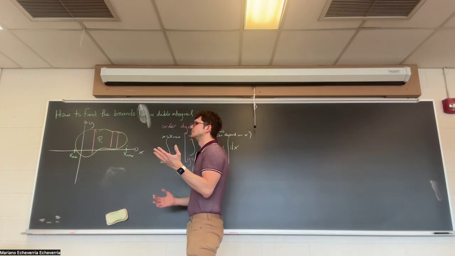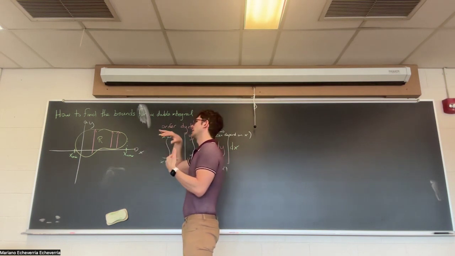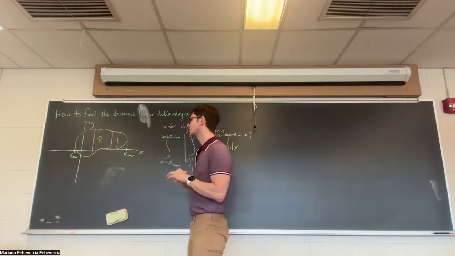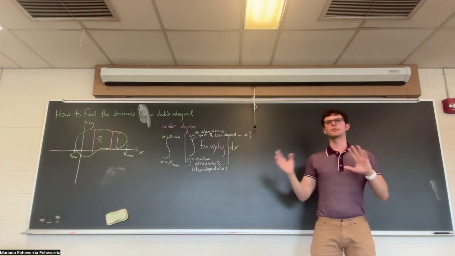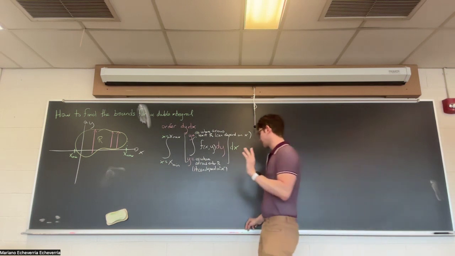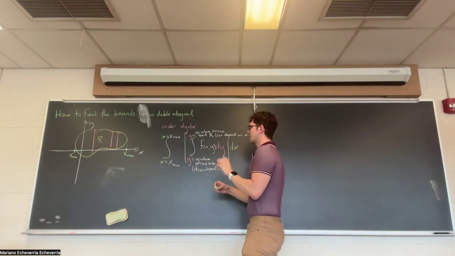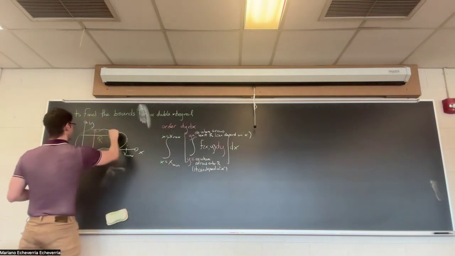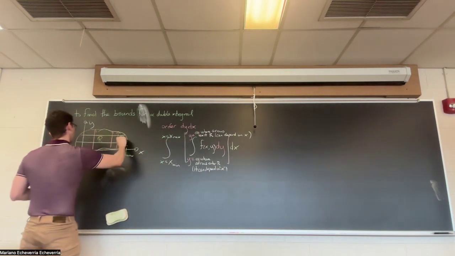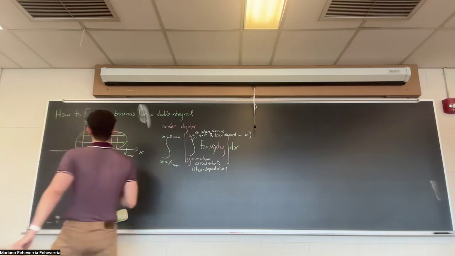Sometimes it is easier to do it the opposite way, where you break the region horizontally, and other times it's about the same level of difficulty. It does depend a lot on the specifics of the problem, but the other way to break this region apart is using these horizontal cuts, which then looks like this.